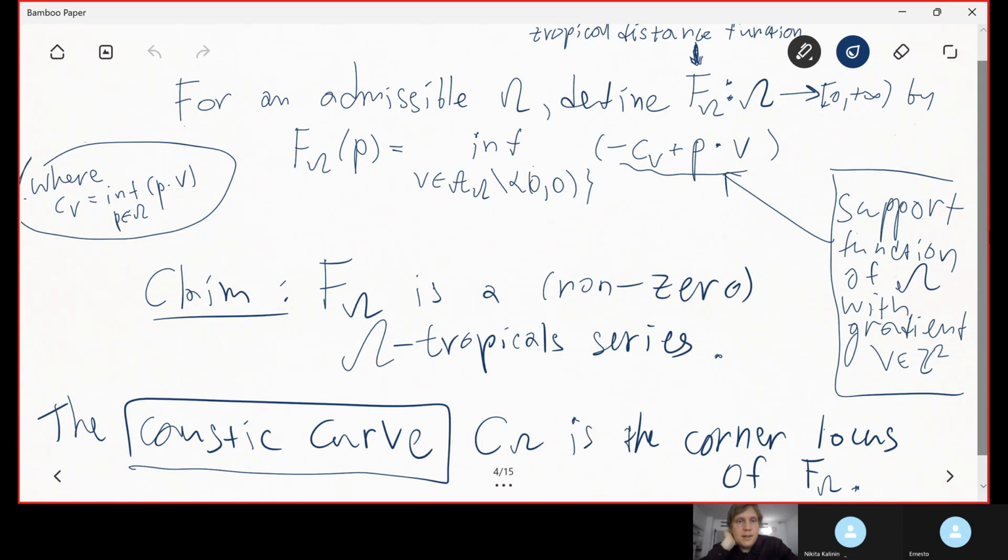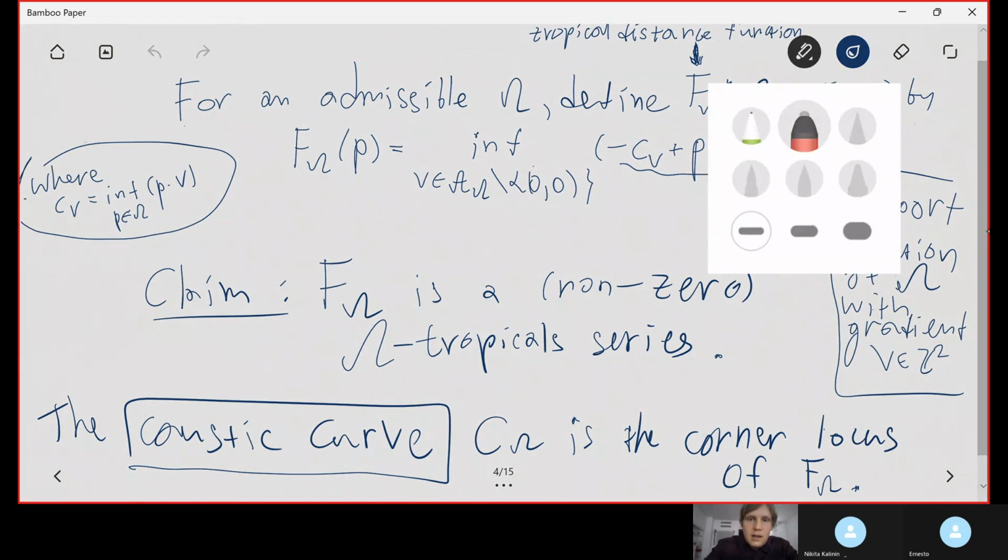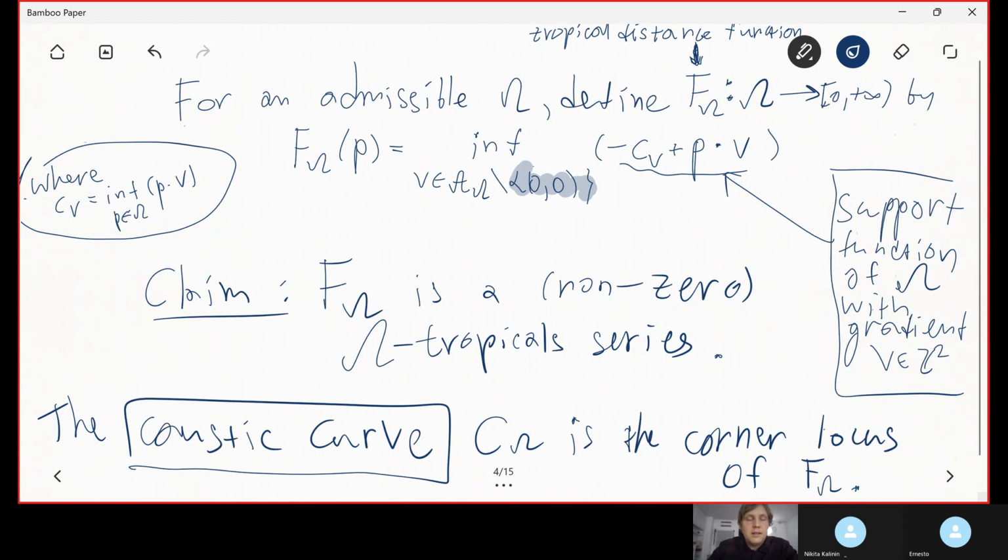So remember, this CV was the infimum of a linear function, and if we add minus infimum to this linear function, we get a function which is non-negative on the whole domain, and it's zero at some point where it supports our domain. And so this omega tropical series, what's important about that is that we remove zero. It doesn't contain the constant term.